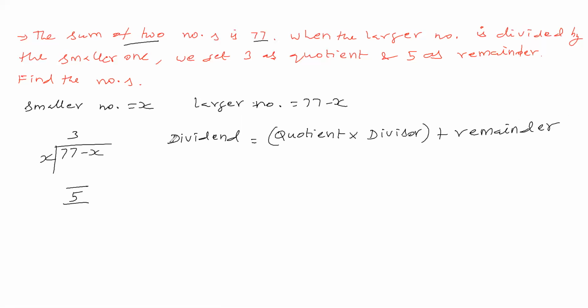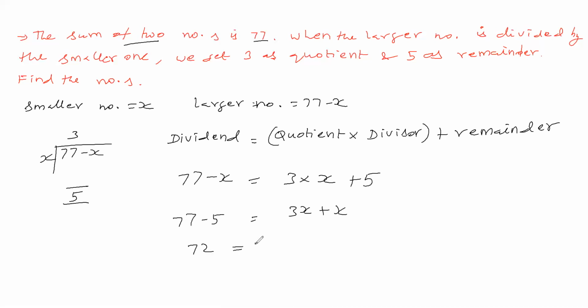The dividend is 77 minus x, the quotient is 3, the divisor is the smaller number x, and the remainder is 5. So we got 3x plus x, here 77 minus 5.